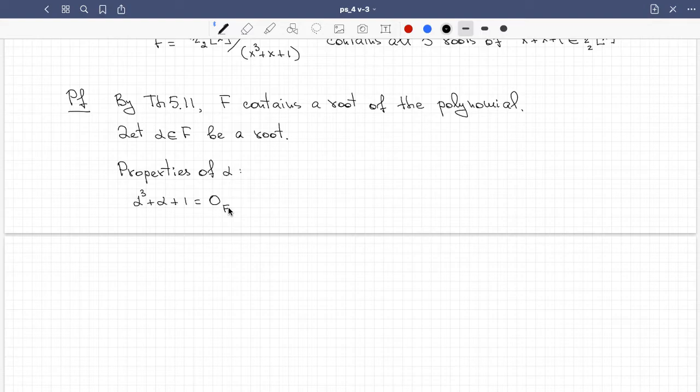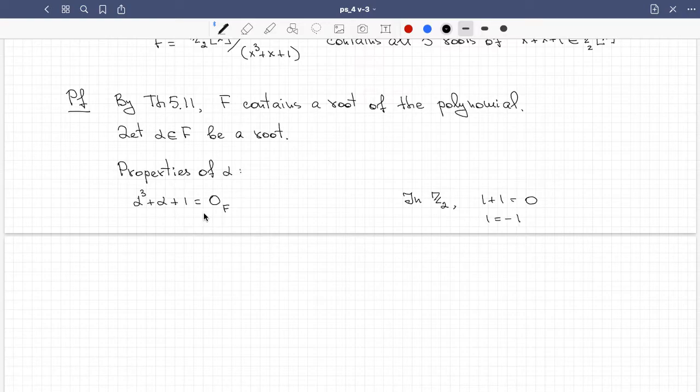Now, about the coefficients, I'm thinking about them as elements of Z2. So in Z2, 1 plus 1 is 0, which implies that 1 is equal to negative 1.